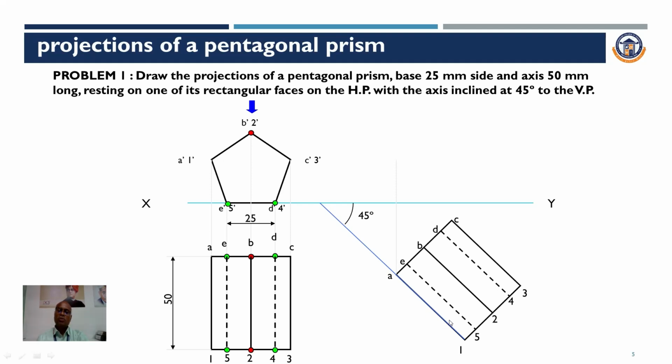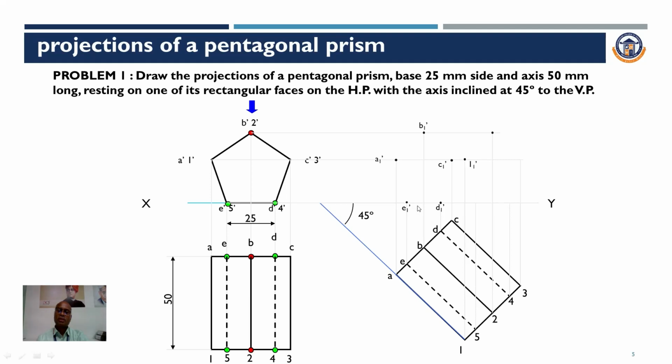Now draw the vertical lines from A to A dash, B to B dash, C to C dash, D to D dash, E to E dash.